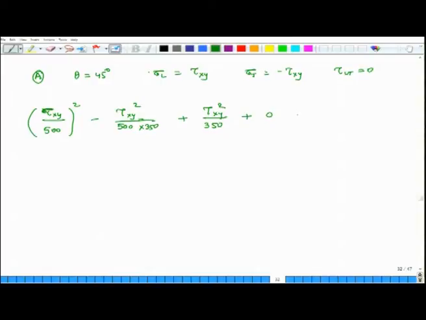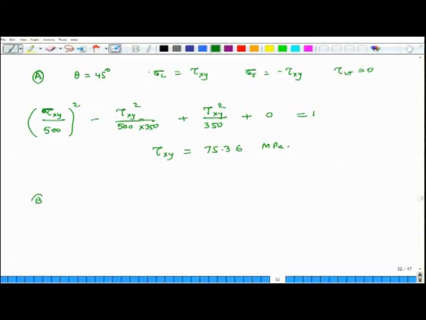And for failure this should be equal to 1. So, tau xy works out to 75.36 MPa. So, this is for case A.